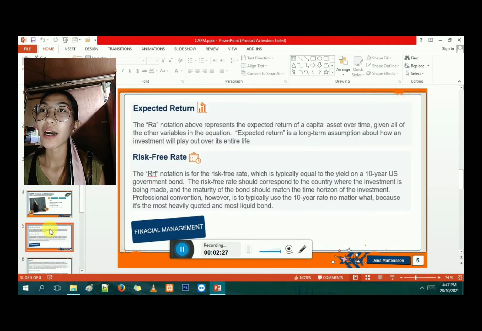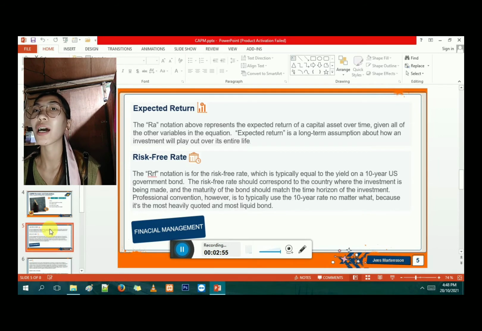Expected return: the RA notation above represents the expected return of a capital asset over time, given all of the other variables in the equation. Expected return is a long-term assumption about how an investment will play out over its entire life. Next is the risk-free rate. The RF notation is for the risk-free rate, which is typically equal to the yield on a 10-year US government bond.